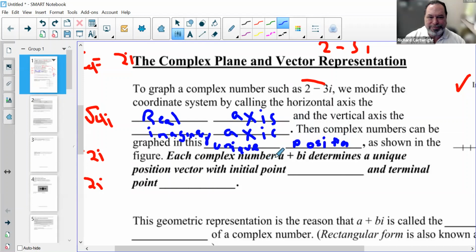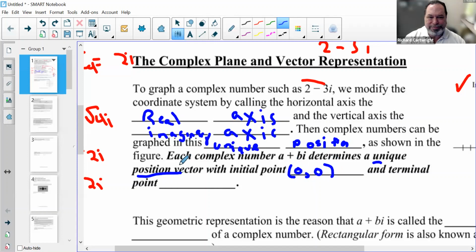As shown in the figure, each complex number a plus bi represents a unique position vector with the initial point 0, 0, because that's what I even said. I said I started at the origin, then a terminal point.